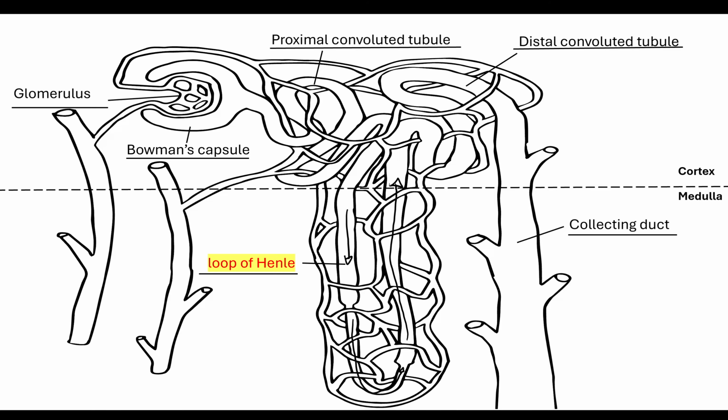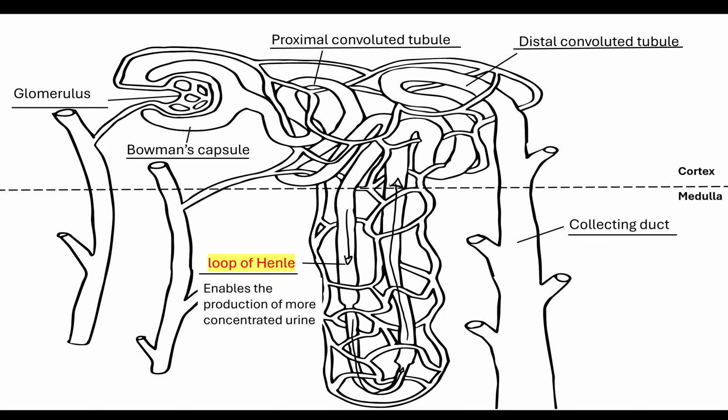And the loop of Henle and the collecting duct are the only parts which are located in the medulla in the kidney. So the role of the loop of Henle is that it is going to enable mammals to produce urine which is more concentrated, and the loop of Henle can differ in size depending on the animal and depending on the environment in which they live.